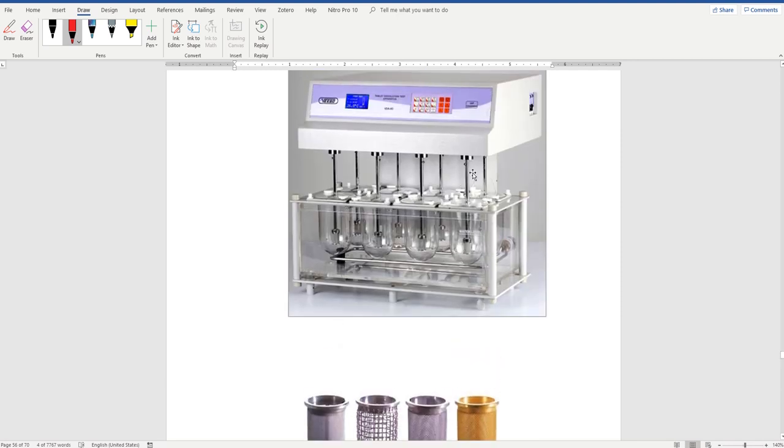So at the beginning this is raised, or the shaft is actually outside, and the basket is detached. Put the tablet inside the basket, then fit it in the shaft and fit the shaft in the machine. Okay? Fill the medium inside the vessels.